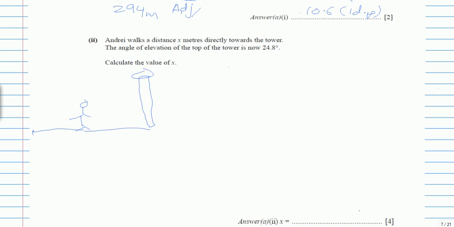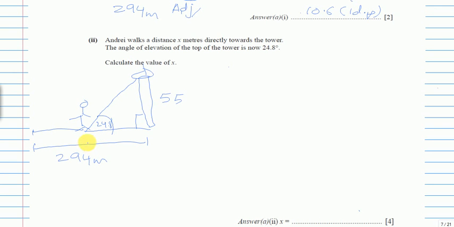Okay, this is the same tower, and the angle of elevation is now known. This is the right angle triangle. This was 55. This whole distance, the distance which he was standing before, was 294 as per part A. This new angle now is 24.8.